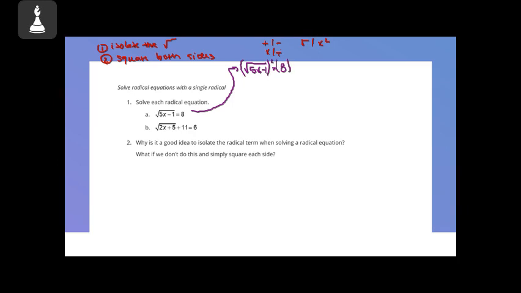When I square a square root, they cancel out, leaving me with just 5x minus 1. 8 squared means to take 8 times itself, 64. Then we solve this like every other linear equation. Add 1. We have 5x equals 65, which I can divide by 5 and get x equals 13.